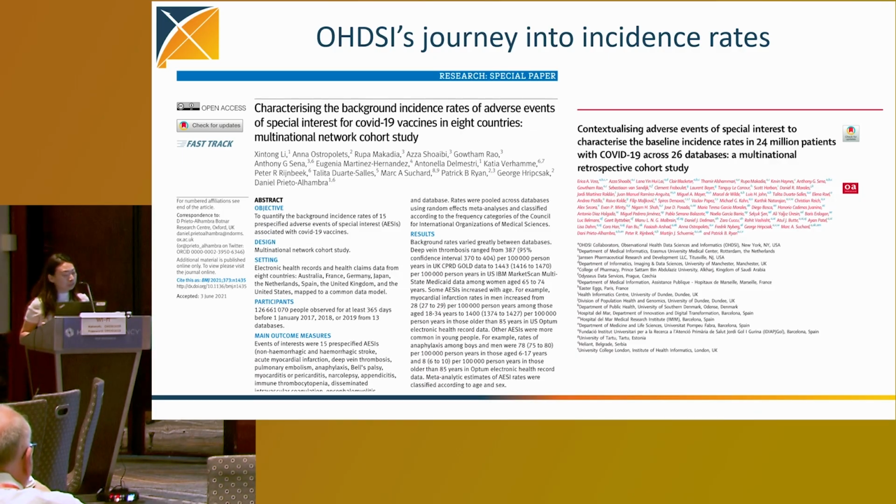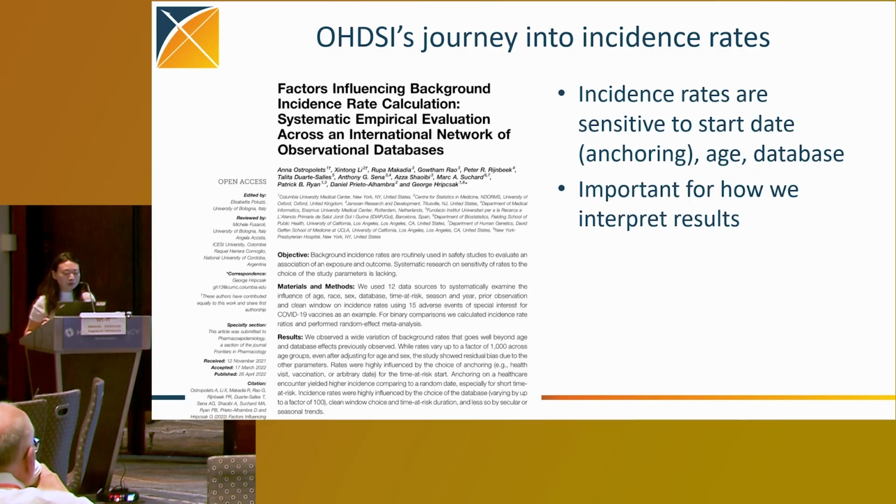And methodologically, this is a paper by Anna Ostropolitz. OHDSI has also looked at different methodological issues as they relate to how we compute incidence rates. So, for example, in this paper, Anna found that incidence rates and their calculations are sensitive to things like start date, anchoring, age, and database, and these stratifications are important for how we interpret our results.